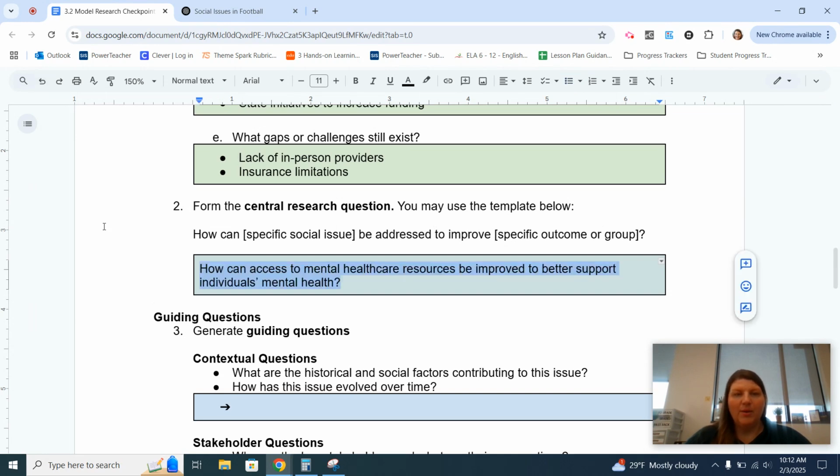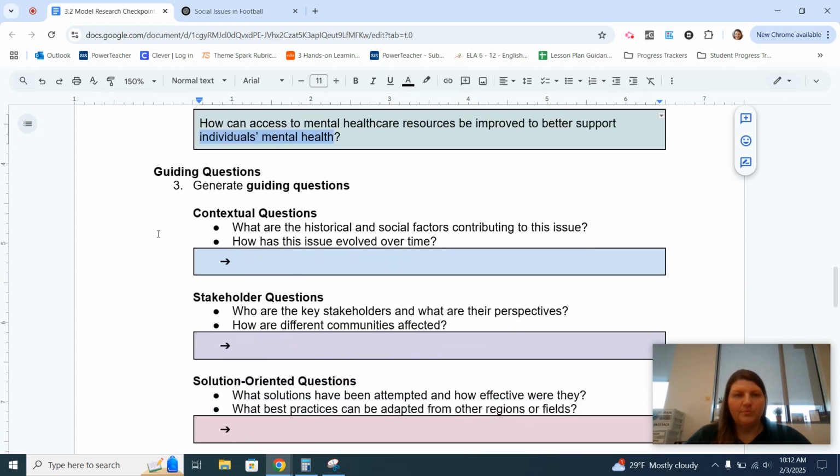And the example I came up with is how can access to mental health care resources be improved to better support individuals' mental health? So the specific social issue that I am focused on is access to mental health, and who is it helping improve is individuals' mental health. So the outcome is improving individuals' mental health, and there's not a specific group, it's just anyone who has mental health issues.